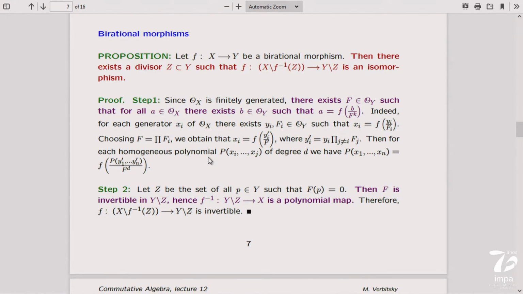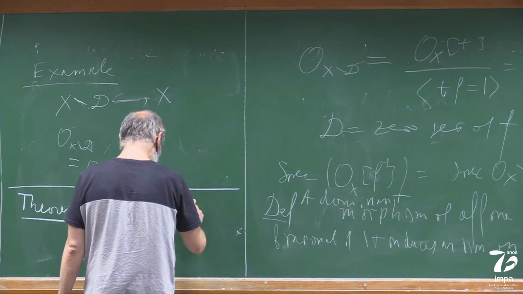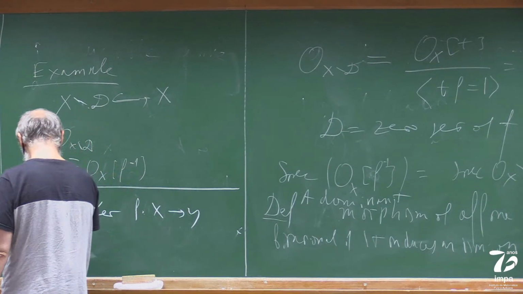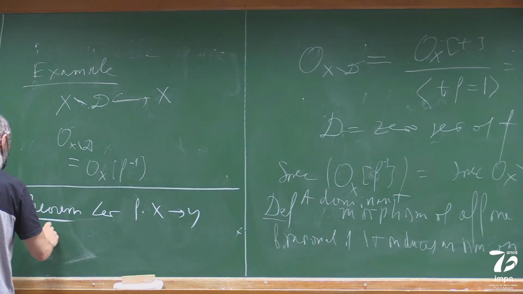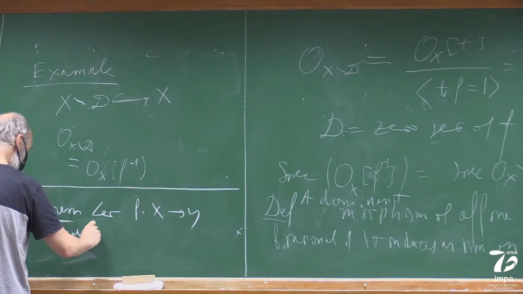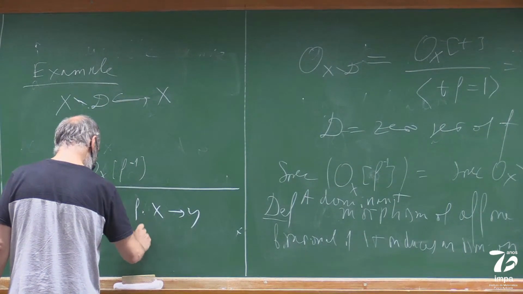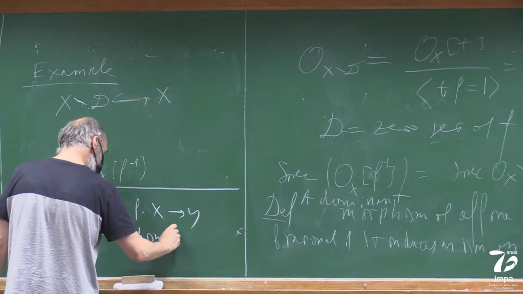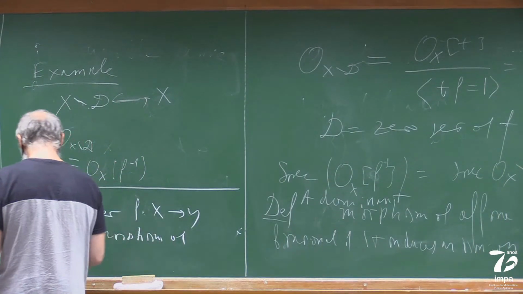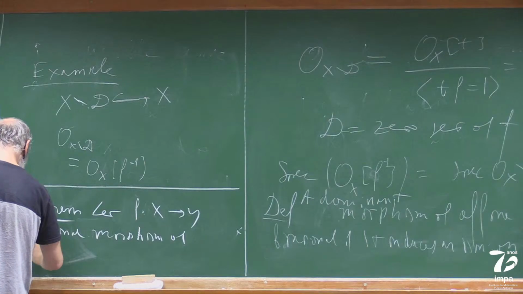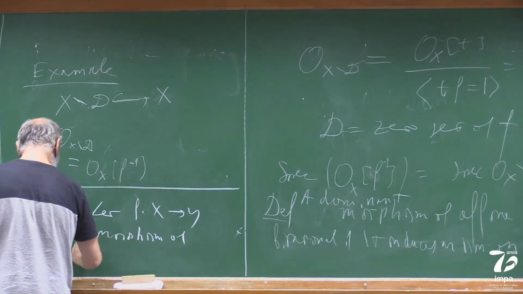So theorem: let f from X to Y be a birational morphism of affine varieties.